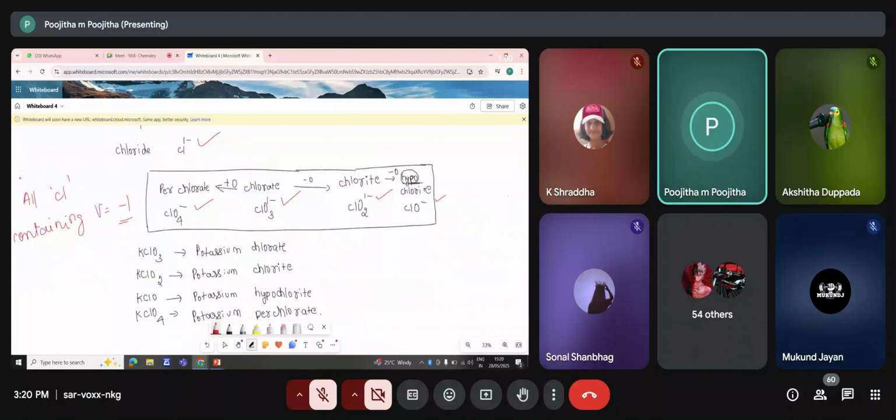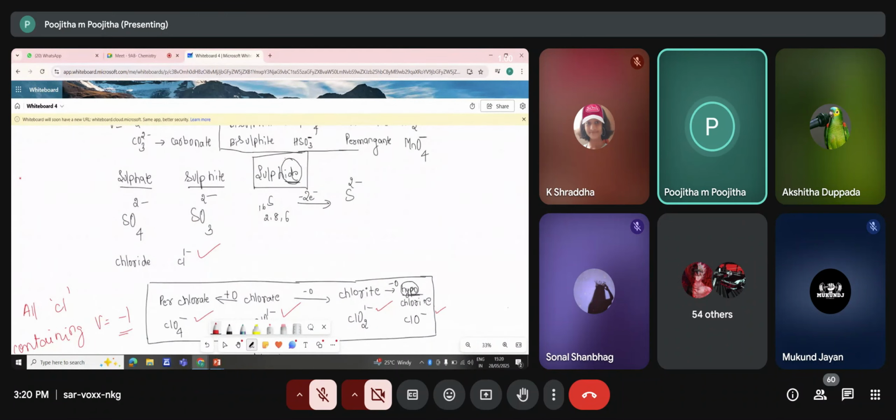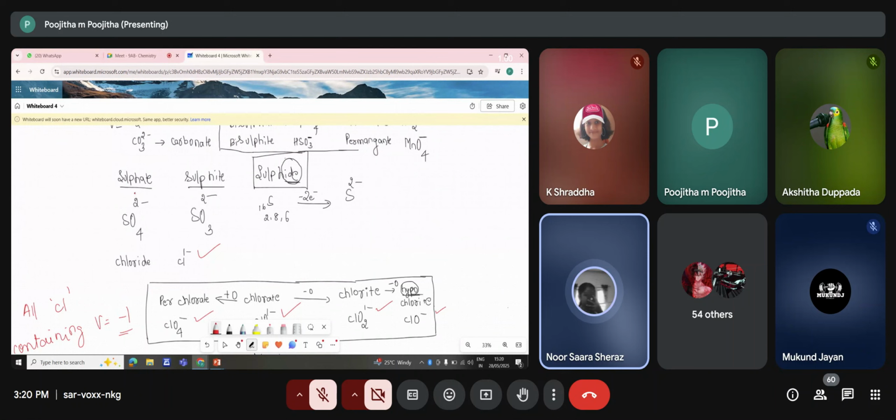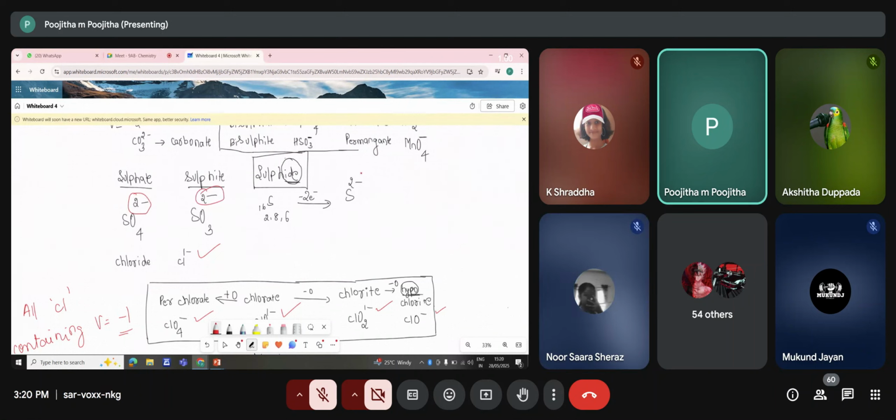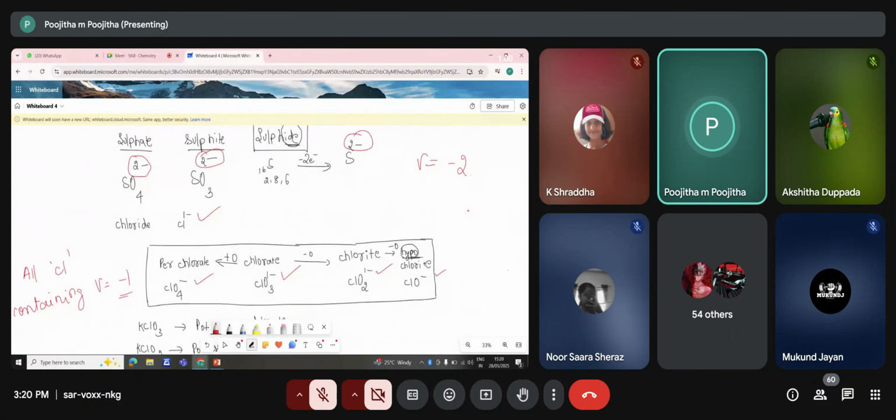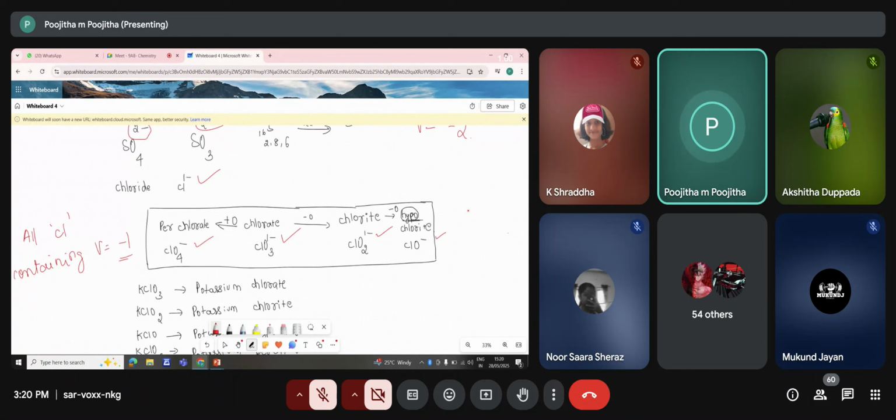Sulfate, sulfite, sulfide, they all have valency of what? See here, what is the valency? Valency is 2 minus, -2. That is why I'm teaching whichever is common together, so that when you learn together, it becomes easy for you.